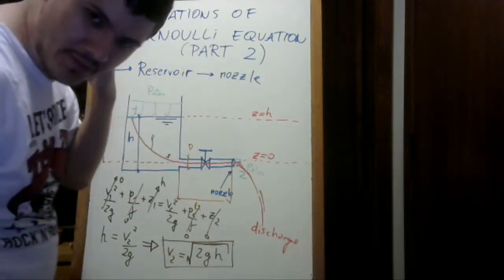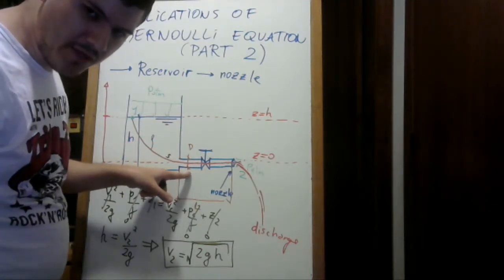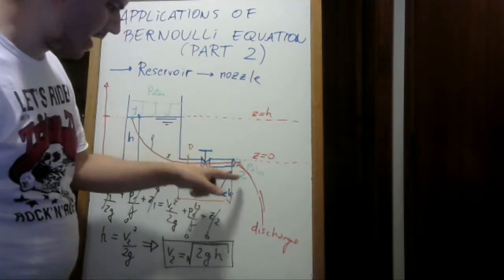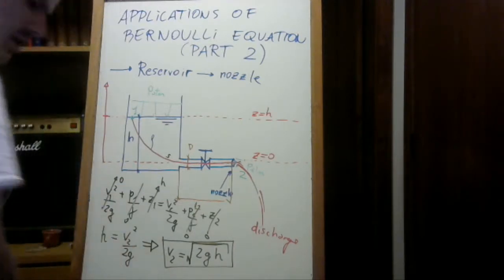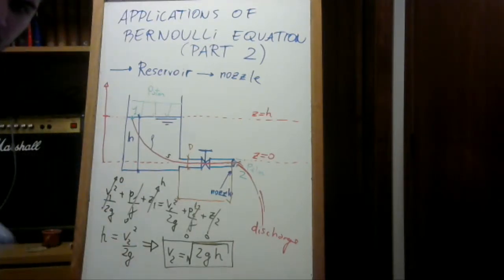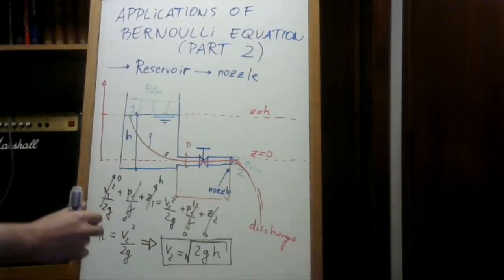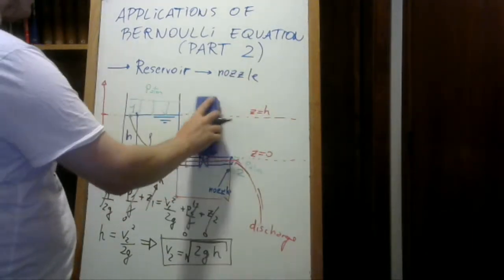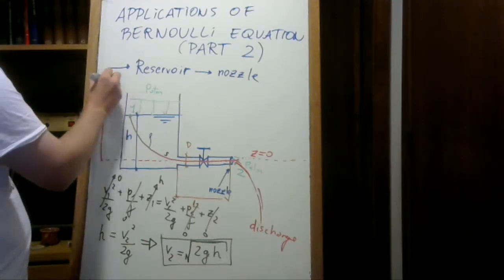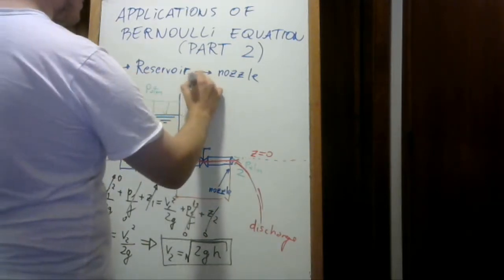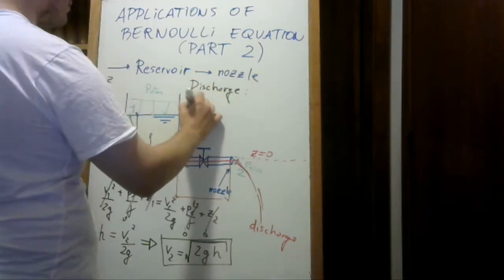If we have the diameter of this pipe, we have the area, so we can get the discharge at the nozzle of this pipe. So here is H. The discharge will be equal to this.